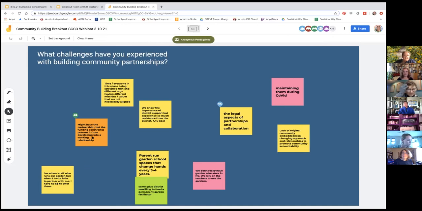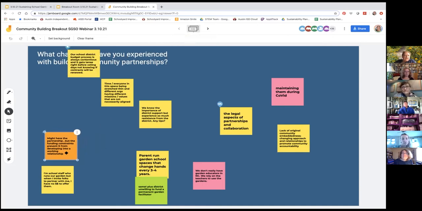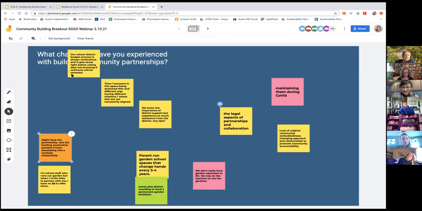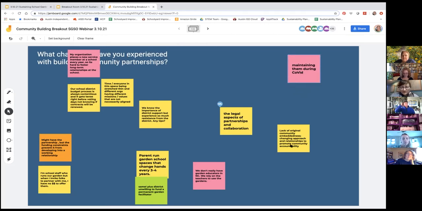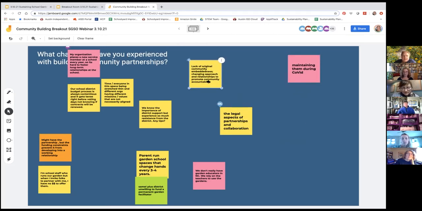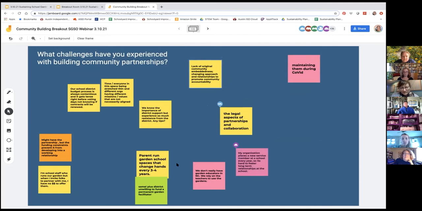Let's see. I'm going to move these together. We've got funding issues. Hopefully the funding breakout group will have some good ideas as well that will help to support you all. Maintenance, community. Let's see, I'm just going to try to do some quick sorting here. This one kind of goes with, well, I'll leave it because I think you intentionally put it here.